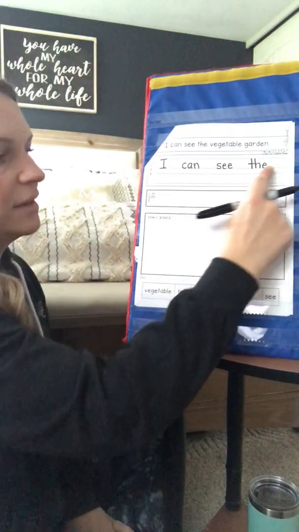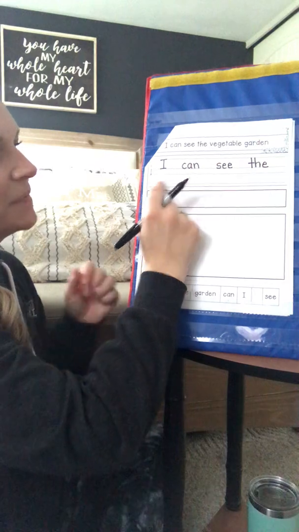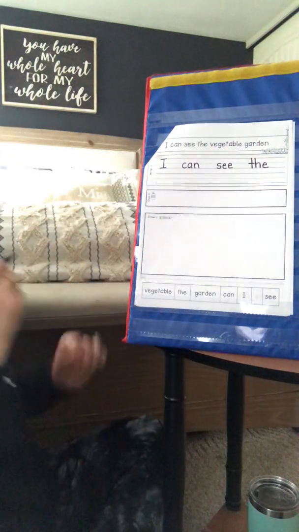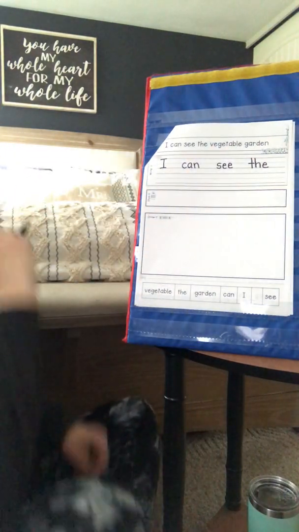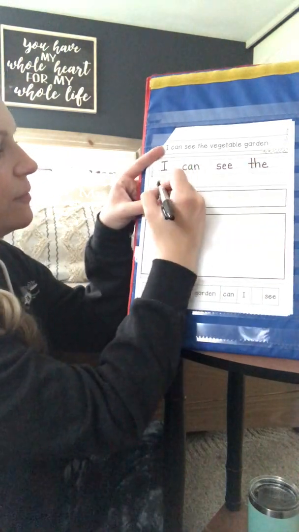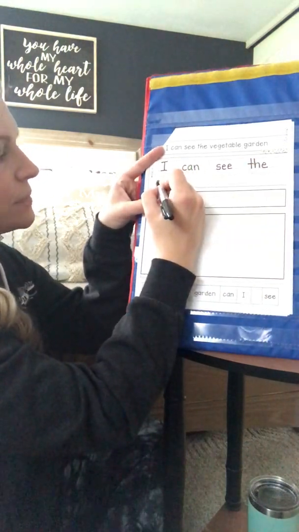Do I have any more room over here for vegetable? No, so I'm going to come down here. This is a long word we don't know how to spell, so we're just going to look at it. Excuse me. And we're going to write it as it's shown up there.